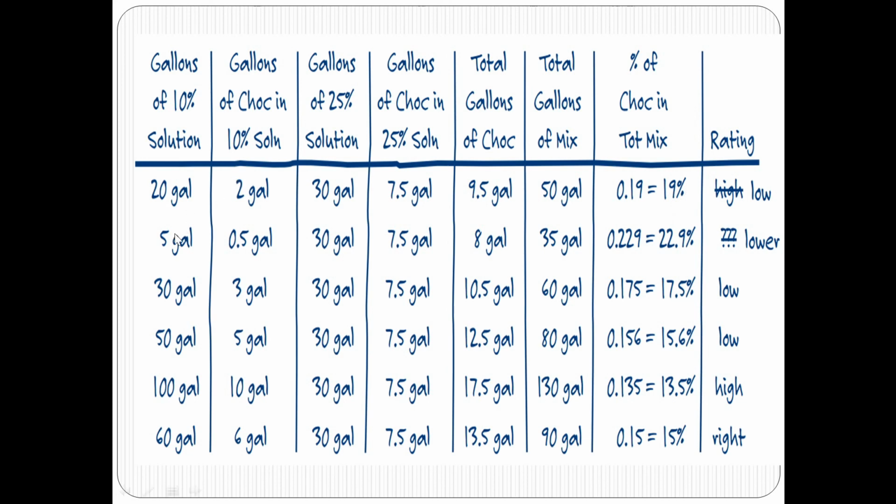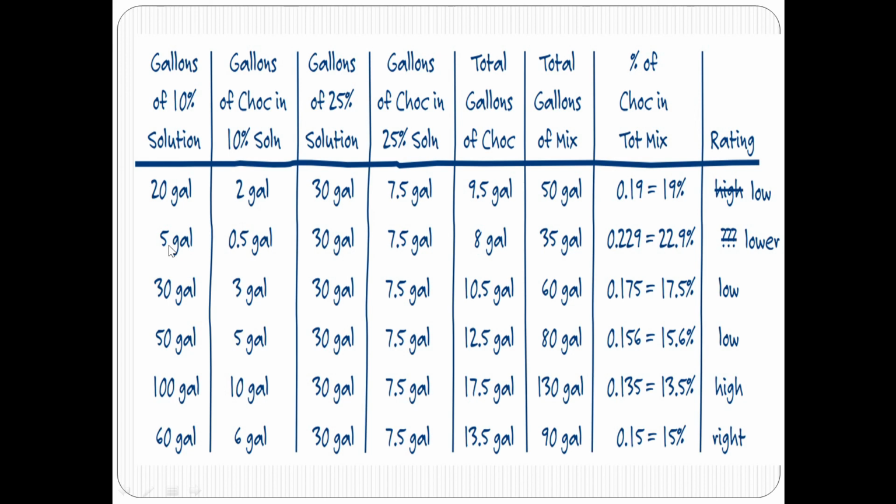So the second guess he tried is 5 gallons. So one more time, this is the solution. That means 10% of this solution is chocolate. So 10% of 5 is 0.5. You add the chocolate to the chocolate. So 0.5 plus 7.5 is 8 gallons of chocolate.